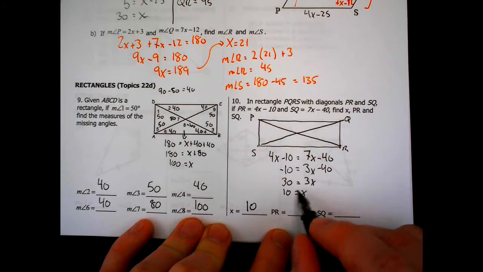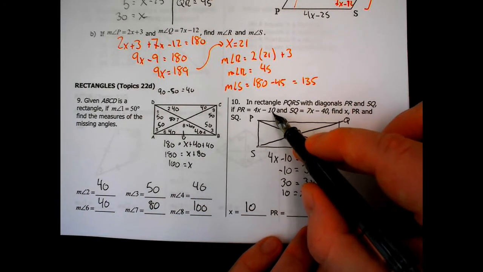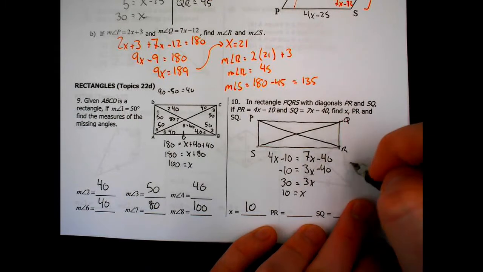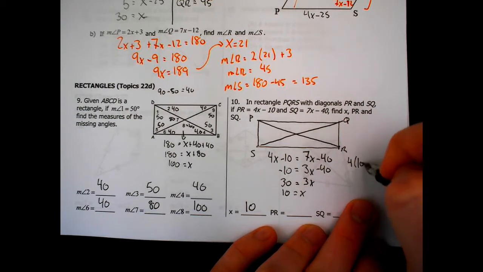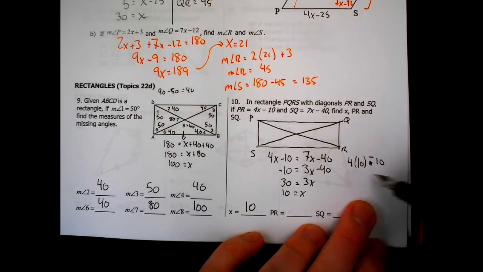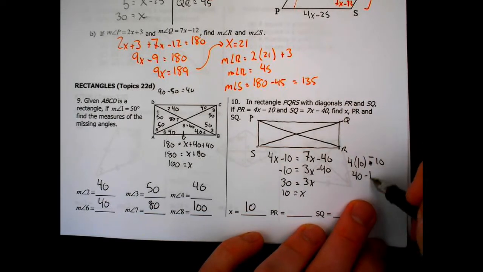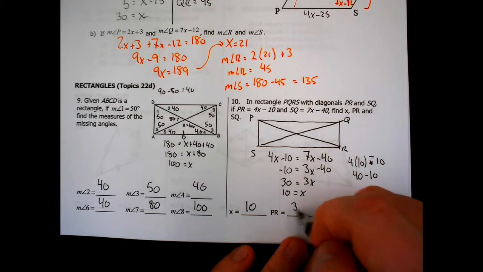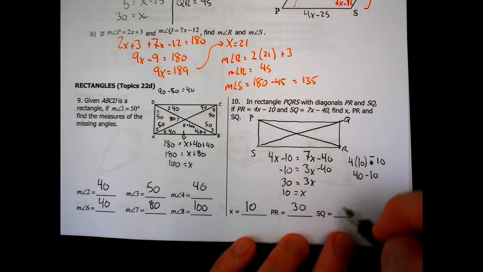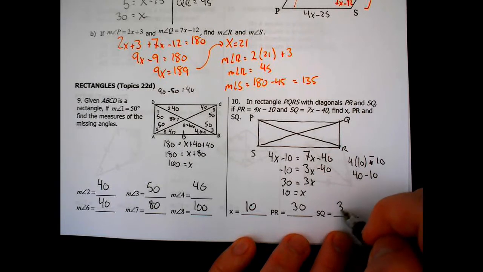So I'm going to take this value of 10 and plug it into my value for PR. That would be 4 times 10 minus 10. 40 minus 10 would be 30. Since the diagonals of a rectangle are congruent, if PR is 30, it means SQ also has to be 30.